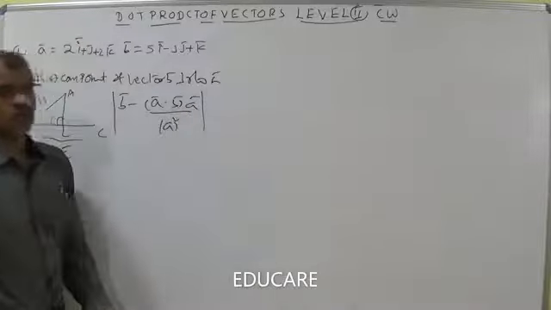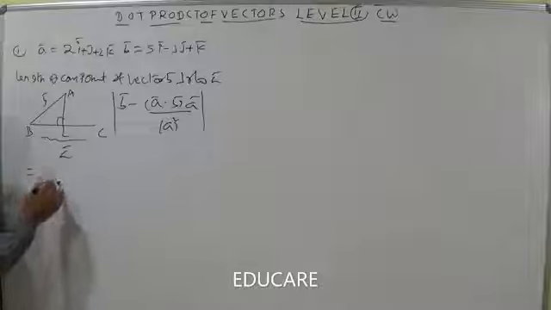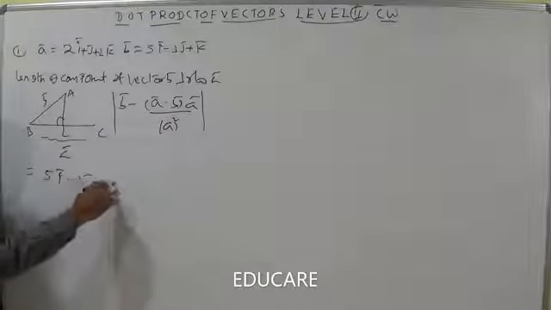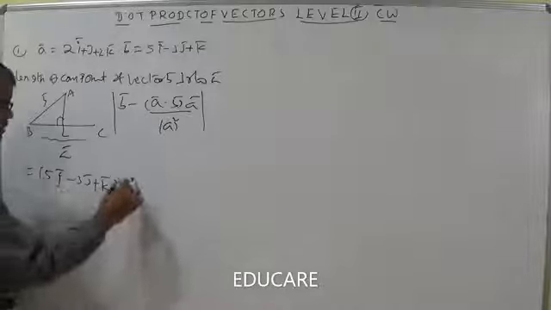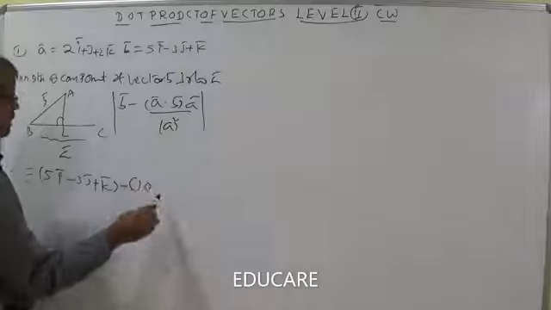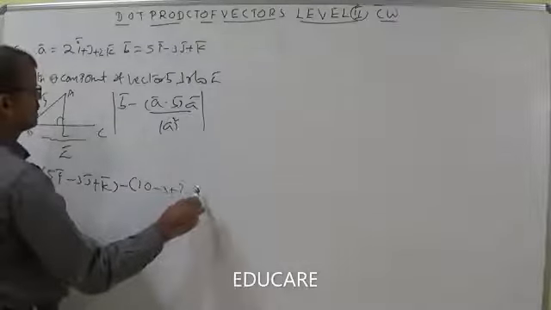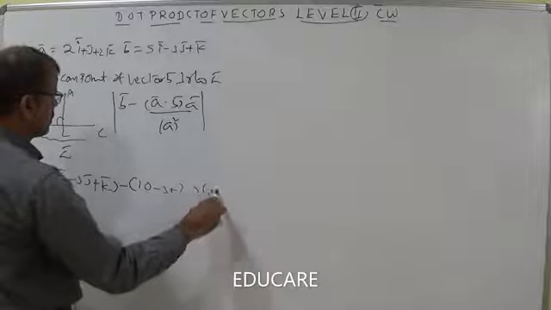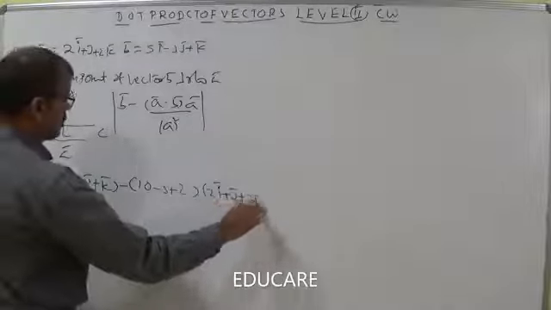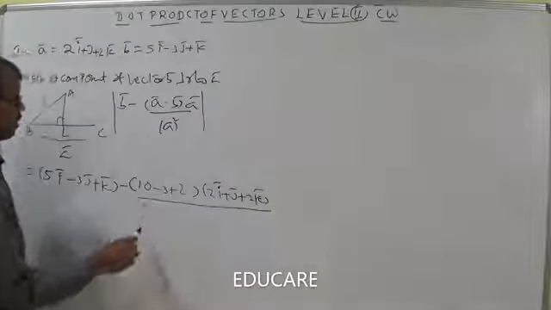Overall, you should calculate the modulus. Write B bar as 5i minus 3j plus k, minus A bar dot B bar, which is 10 minus 3 plus 2, into A bar, 2i plus j plus 2k, whole divided by mod A square.